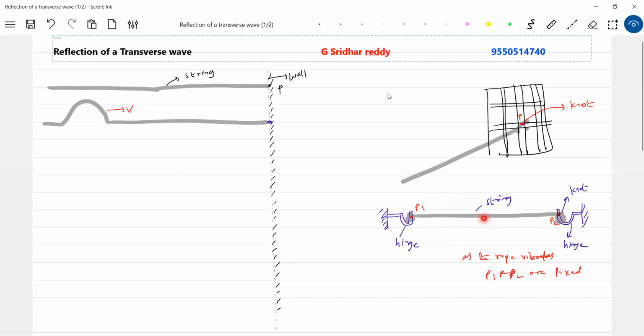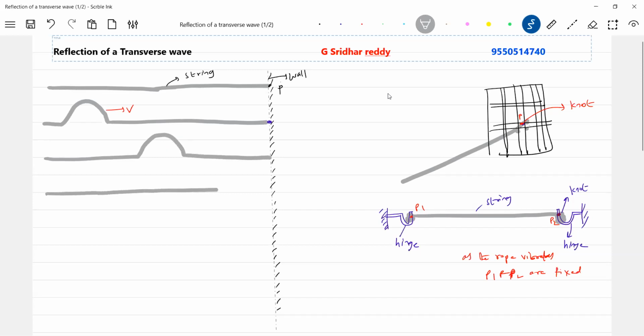The knots will not move. The same thing here also. Now this pulse will approach here. So finally what will happen? The pulse, after some time, will arrive here.